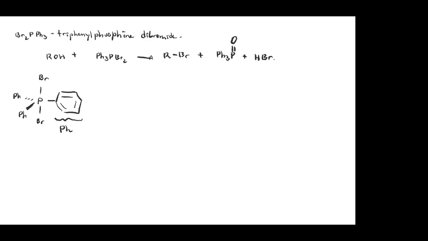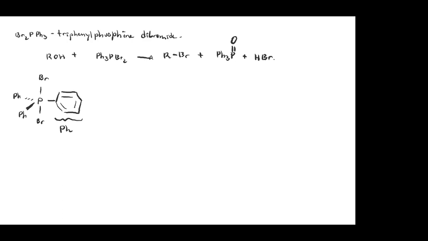When it's attached to something, it's a phenyl substituent. And so we can abbreviate that Ph. Yep. All right, so that's the overall reaction. Alcohol, triphenylphosphine dibromide goes to the alkyl bromide plus triphenylphosphine oxide, which you haven't seen before, plus HBr.